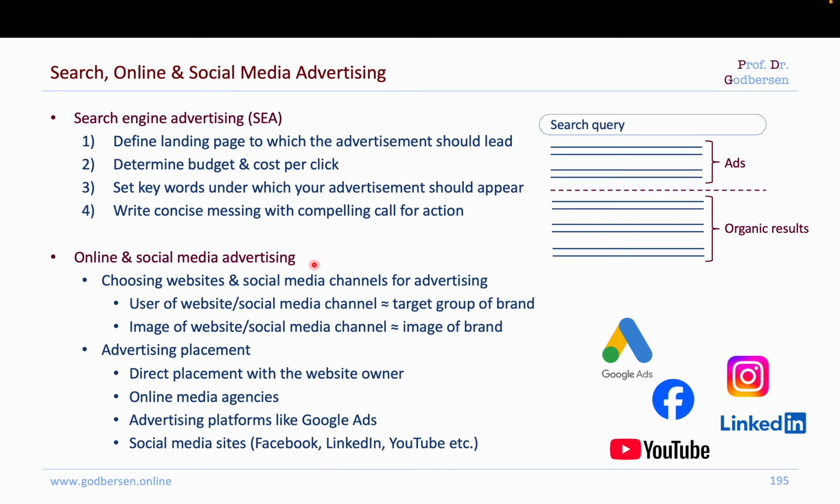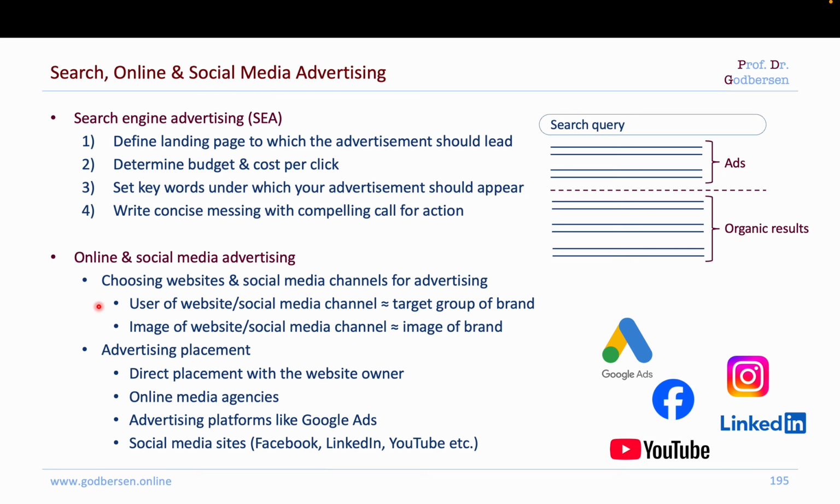Online social media advertising. Principally it is not too different from search engine advertising, but you can do more. You can also have images, even videos and so forth. So you need to choose websites or social media channels for your advertising.